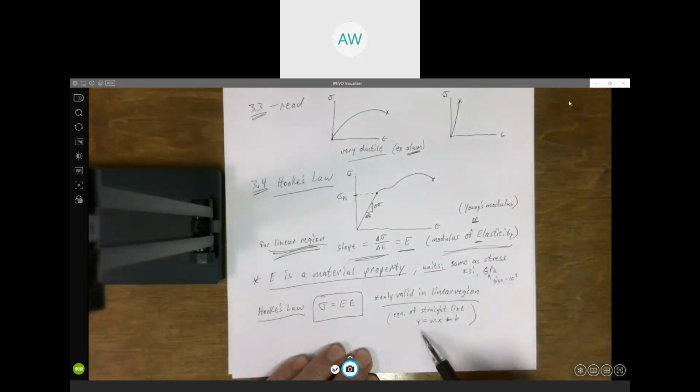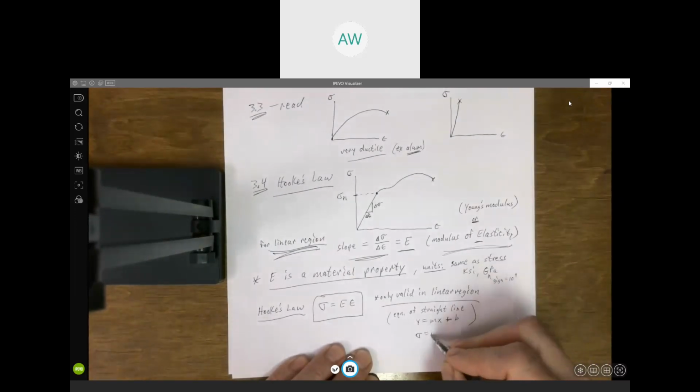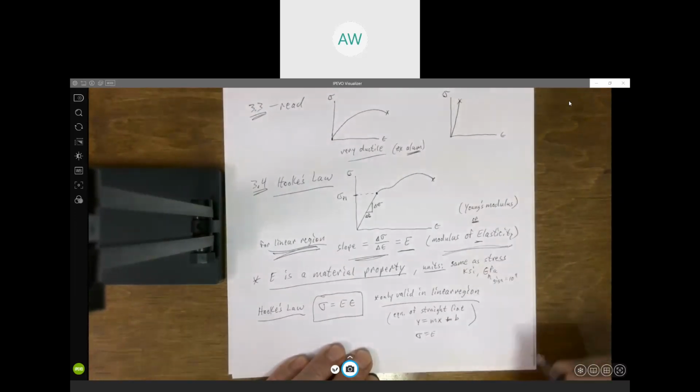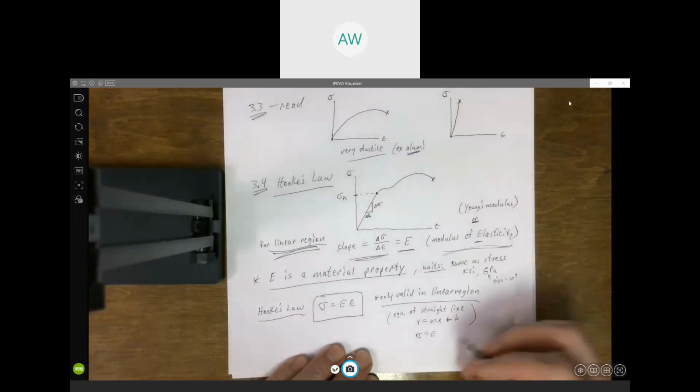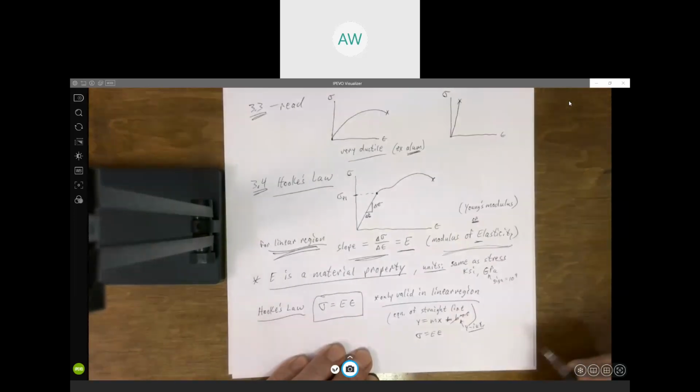Well, in our graph, y is stress. The slope is E. x is epsilon. This is the y-intercept, and for our graph, the y-intercept is 0. Hooke's law. All you need is Algebra 1 to come up with Hooke's law.